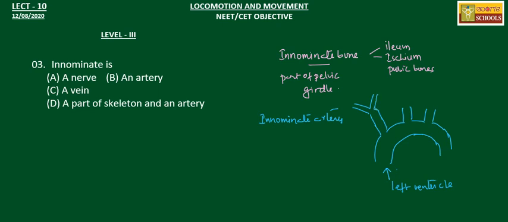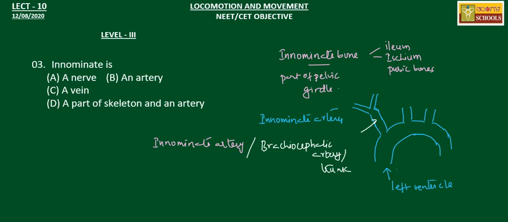So here this is what we call the brachiocephalic artery. This is also called brachiocephalic trunk, artery or trunk, and this one has another name that's called the innominate artery. So it is called innominate artery.